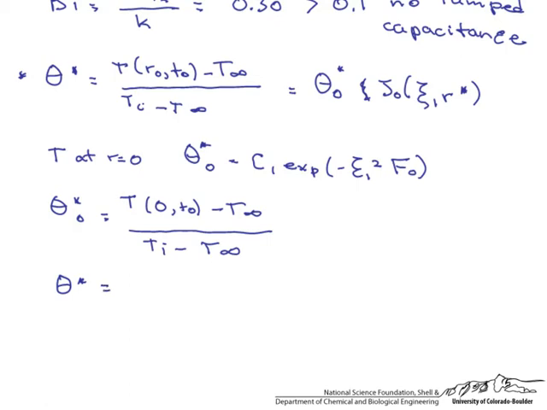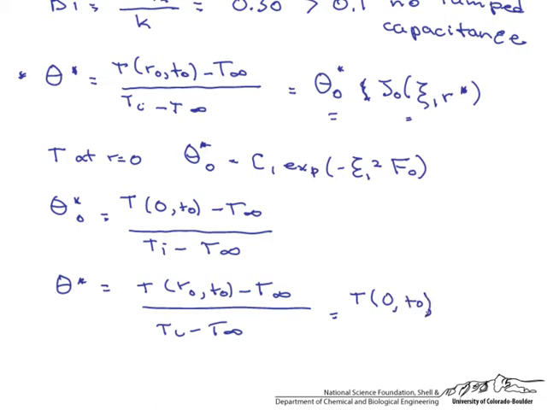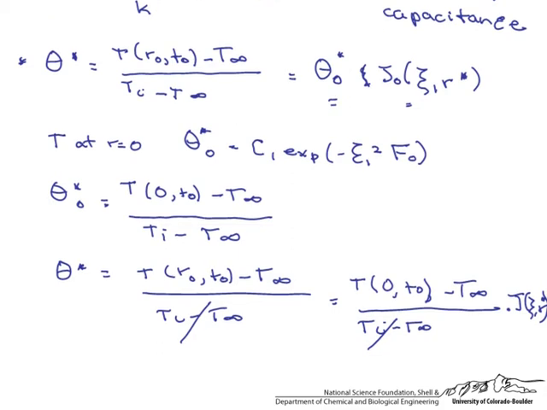So theta star, again, equals T at r0, t0 minus T infinity over Ti minus T infinity. And this equals, now we're going to substitute into here, T at 0, t, minus T infinity over Ti minus T infinity times that Bessel function. So what that allows us to do is cancel those out.